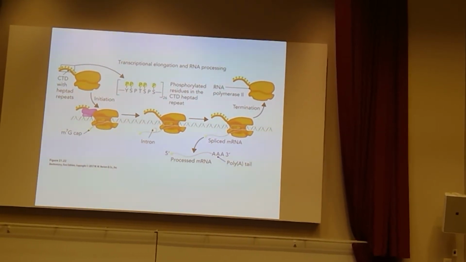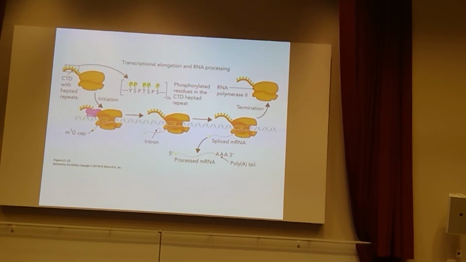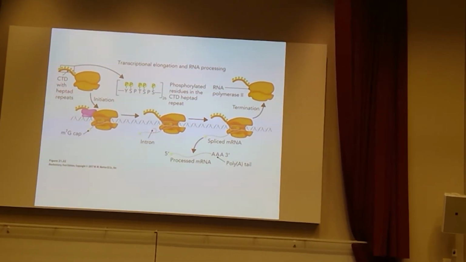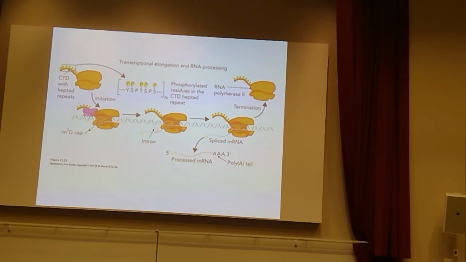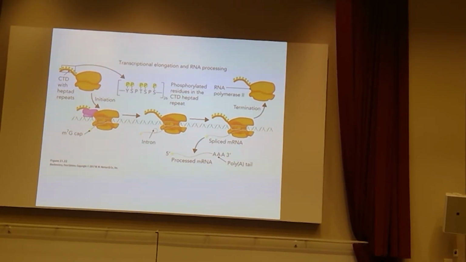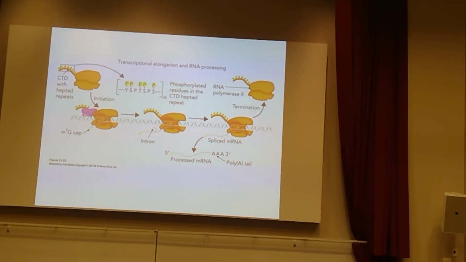And as it's generating that RNA product, already some of the processing of that RNA begins. One of the very first things is that the 5' end of it gets a cap. We'll take a look at the nature of that cap in just a bit. But the 5' end of the RNA product is chemically altered.